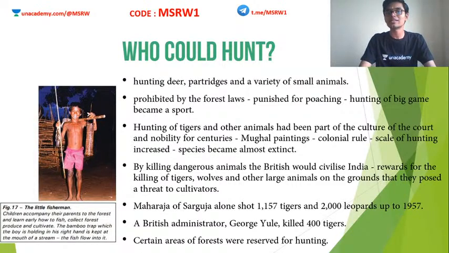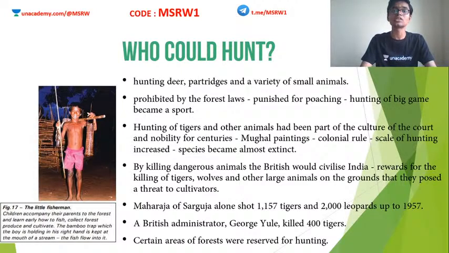So hunting is a part of India's nobility. And in the Mughal paintings also we can see something like this. When the British came to India, they stopped the native Indians from hunting. But they started hunting on their own.